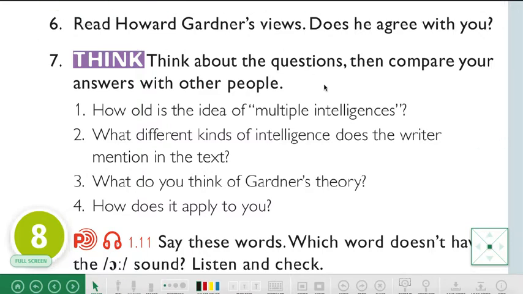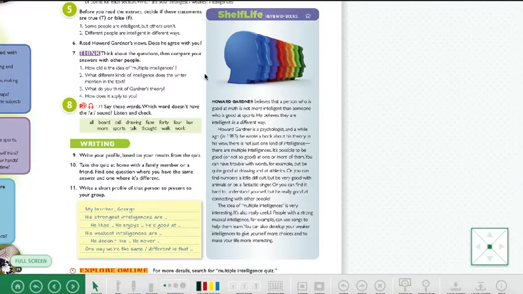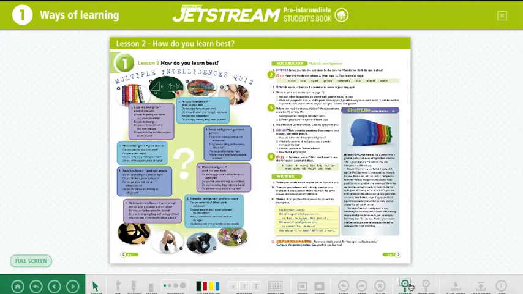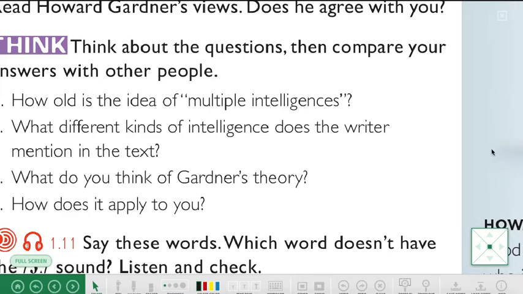Read Howard Gardner's views. This is the text you have to read. This is Howard Gardner's thought. So you are going to read this and pay attention, okay? In an audio, you will answer these questions about the reading over here, okay?